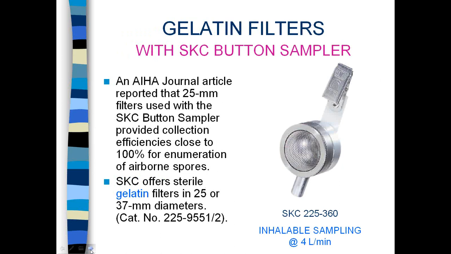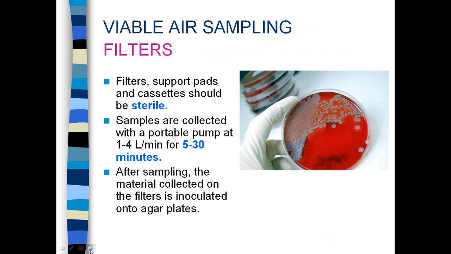An AIHA journal article reported that 25mm filters used with the button sampler provided collection efficiencies close to 100% for airborne spores. If you want to collect viable samples for growth culture, filters, support pads, and cassette or holders should be sterile.